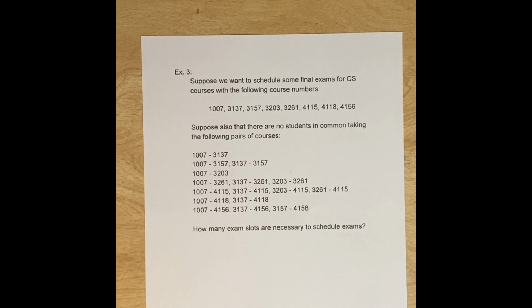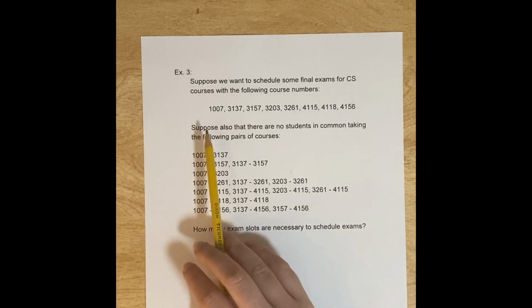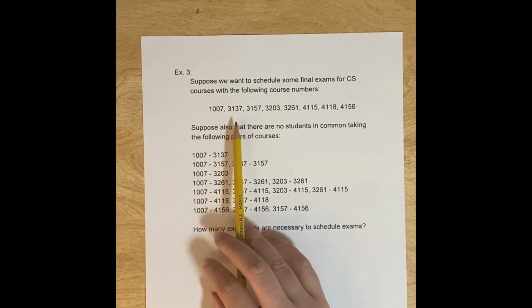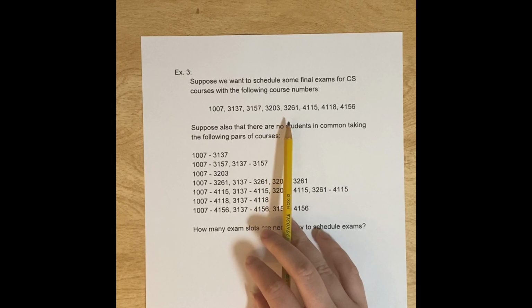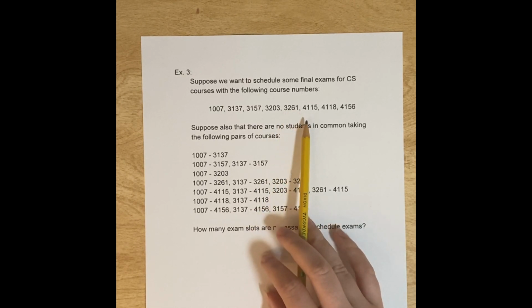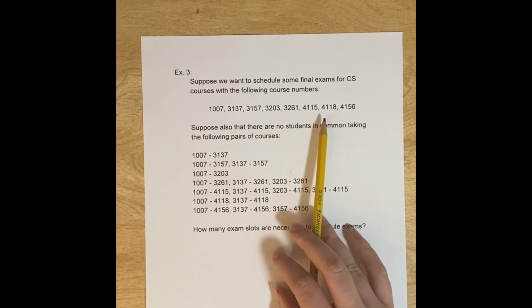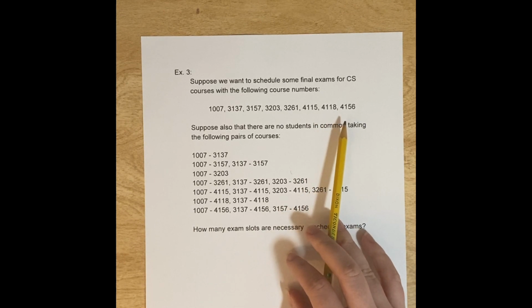And so on to example 3. It says, suppose we want to schedule some exams for CS courses with the following course numbers: 1007, 3137, 3157, 3203, 3261, 4115, 4118, and 4156.